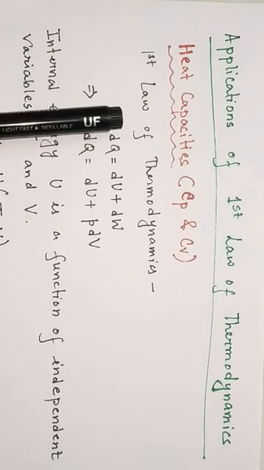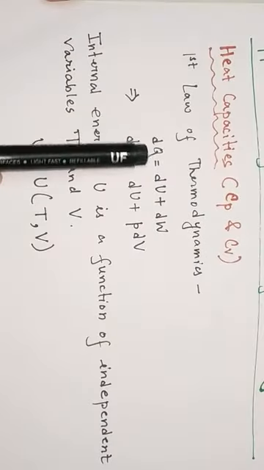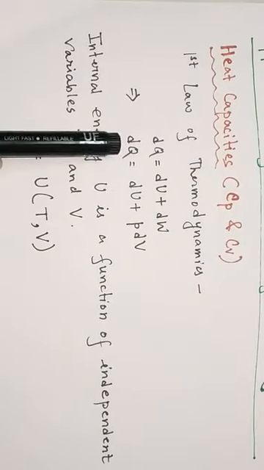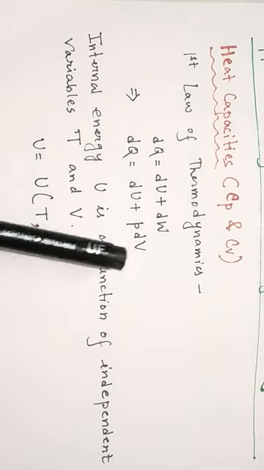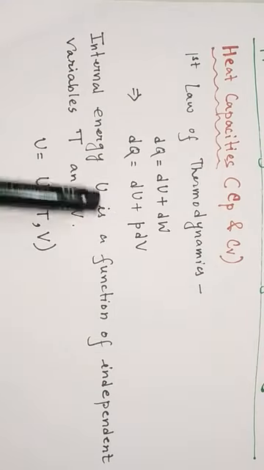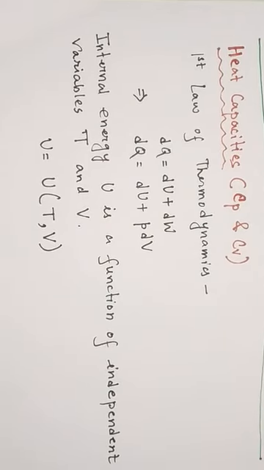Now, according to the first law of thermodynamics, we know that dq equals du plus dw, or dq equals du plus P dV. Now, this U, as you know, is the internal energy. We have said that the internal energy is a function of temperature.